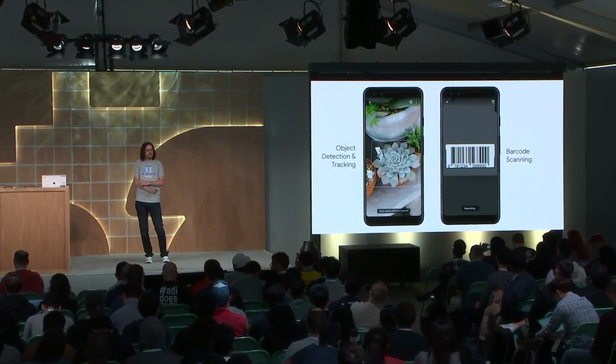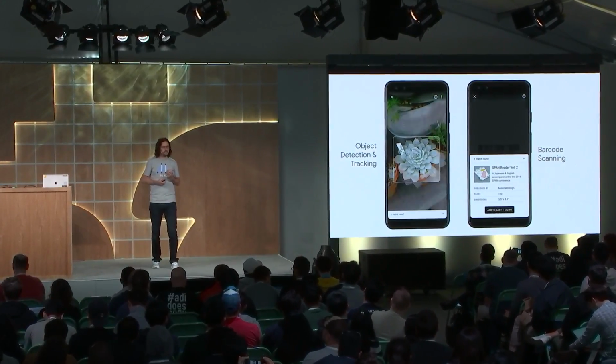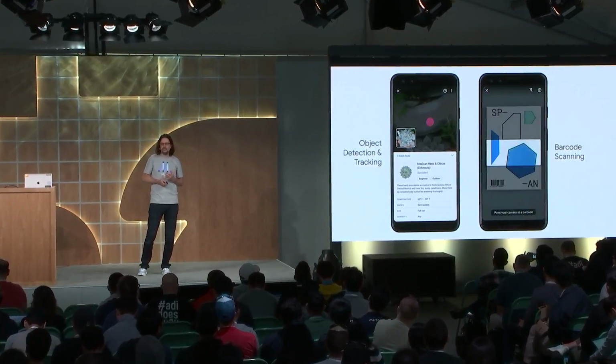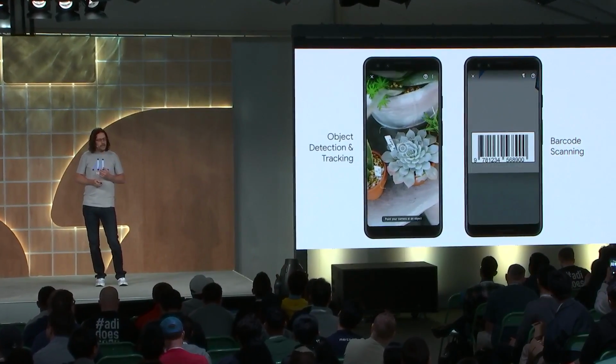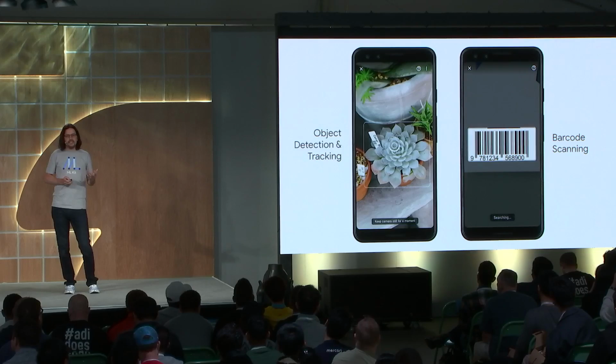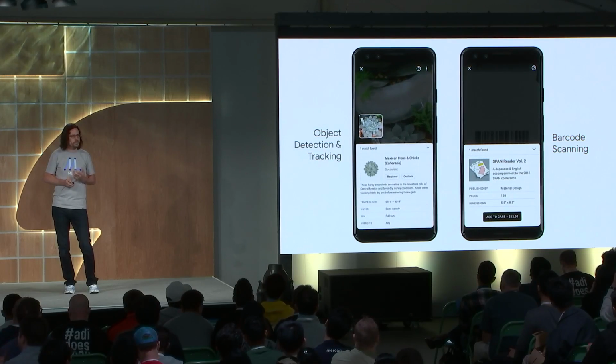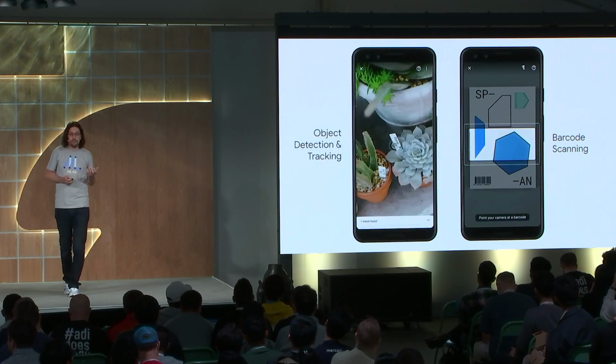A second outcome of this collaboration is that we built a couple of showcase apps. These are real, polished, end-to-end experiences that have been tested with actual users. And what is great is that we're making these apps available on GitHub so that you can also integrate this in your app very quickly.